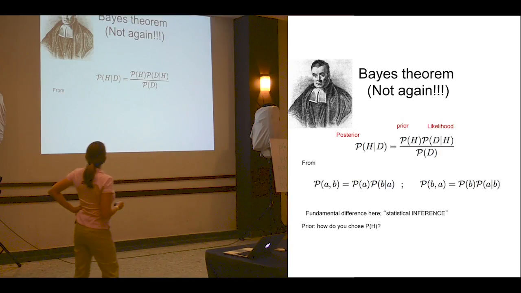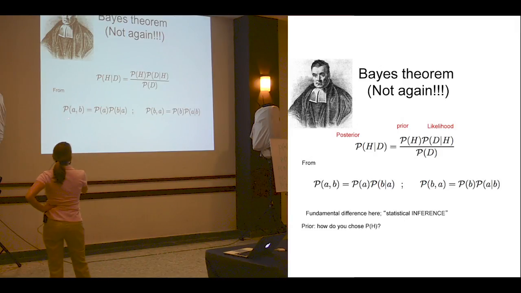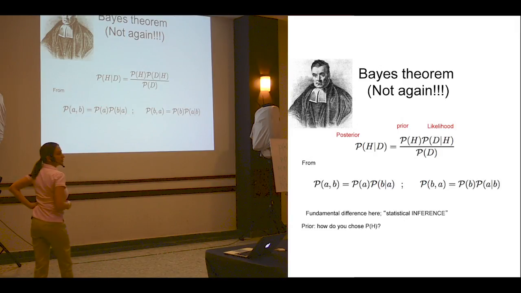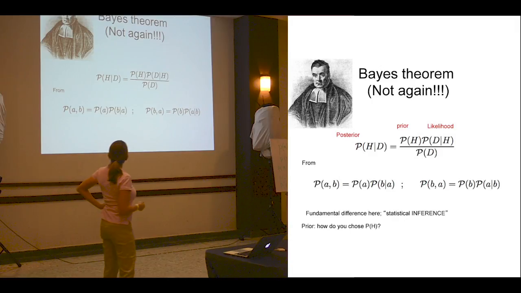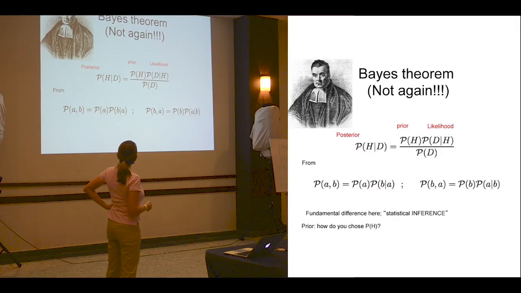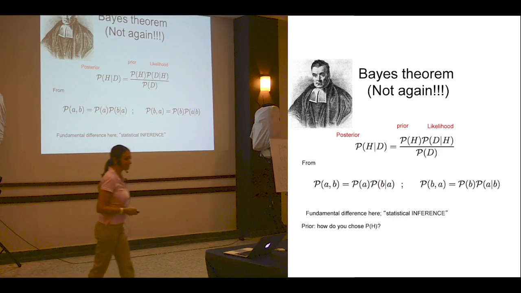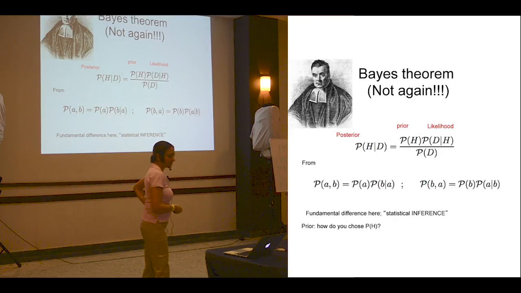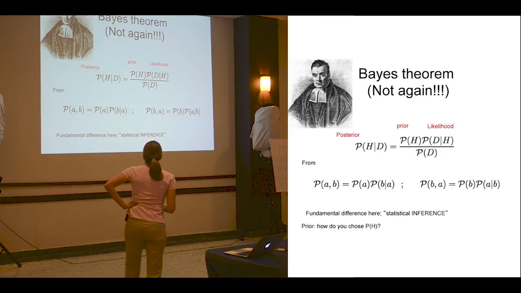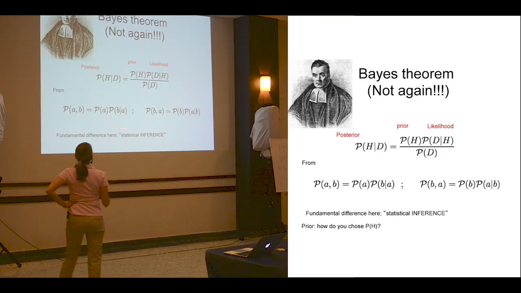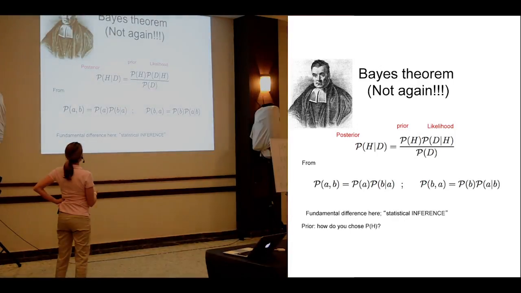Now, how do we get from here? Well, we simply use this, from the previous slide, and there's a posterior, there's a prior, there's the likelihood, and we just derive that.